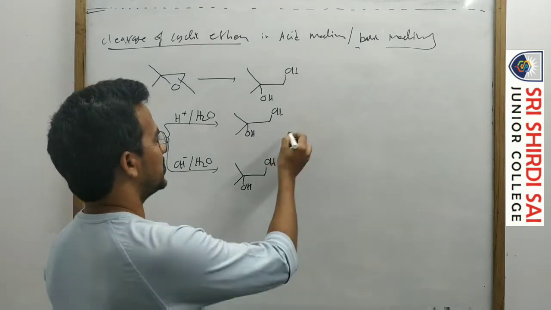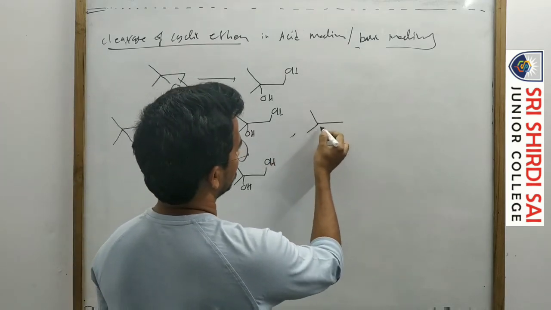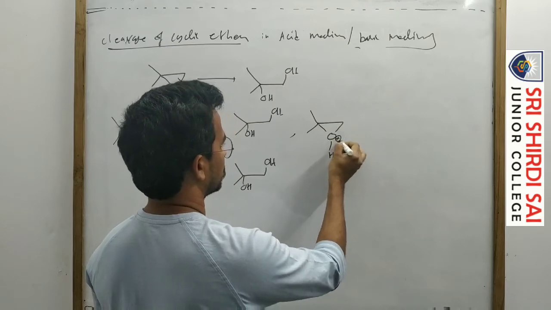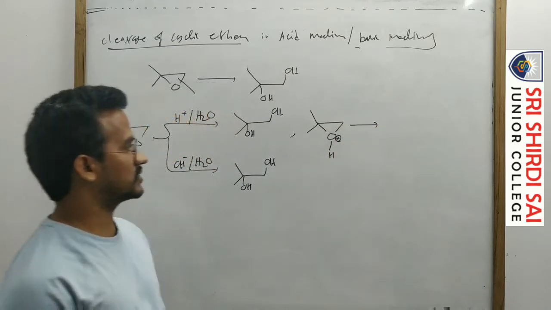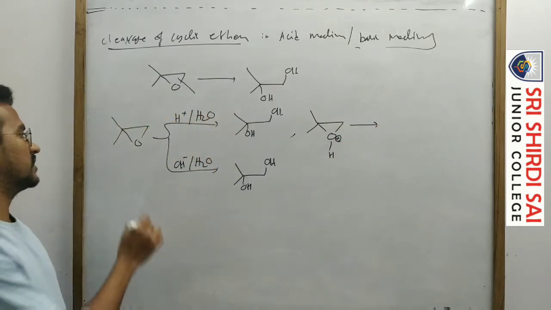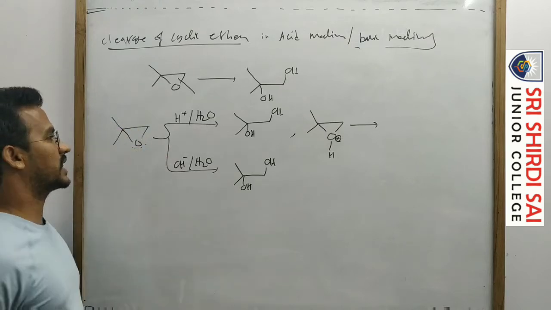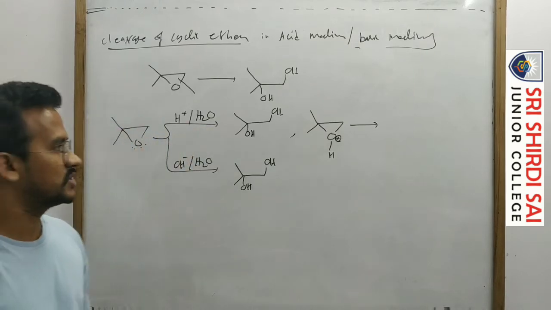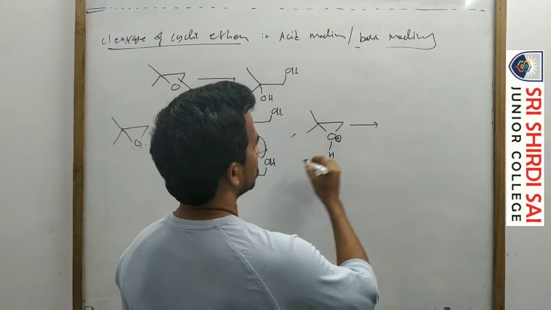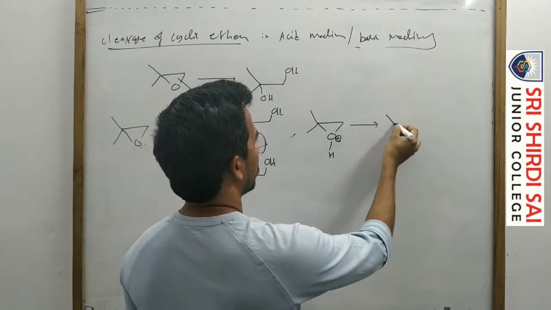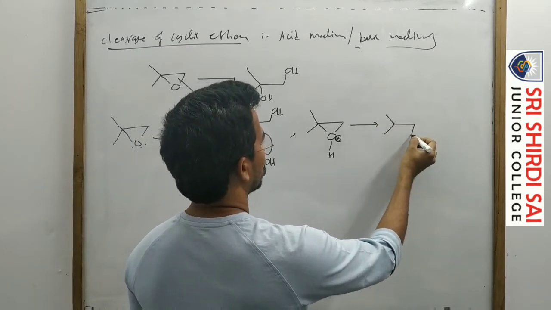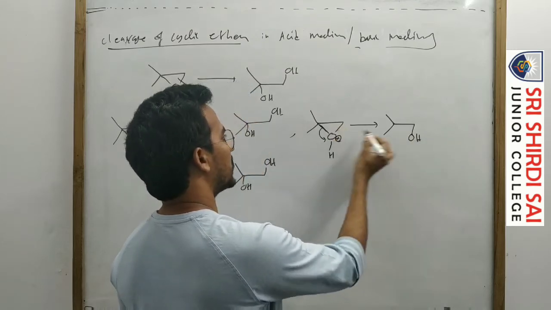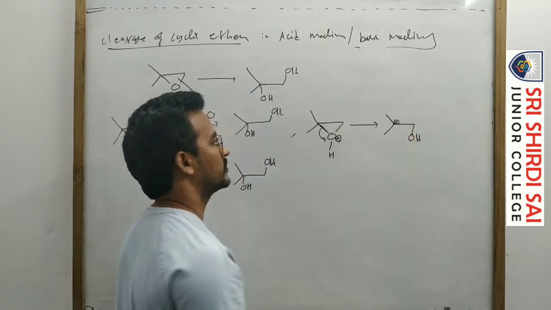In case of the acid medium, first protonation of the ether oxygen takes place. Because this oxygen has non-bonding electrons, acting as a base, it accepts the proton from the acid. So we get the protonated ether. Now by the breaking of this carbon-oxygen bond, we will get the stable carbocation.